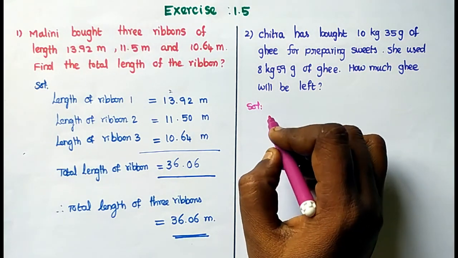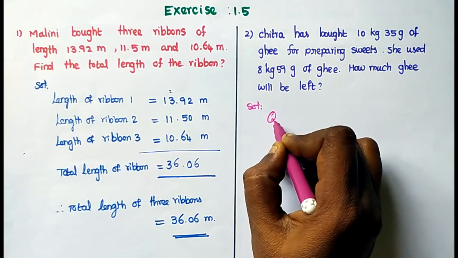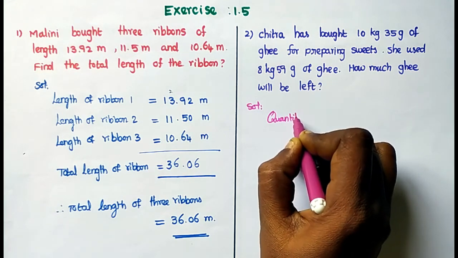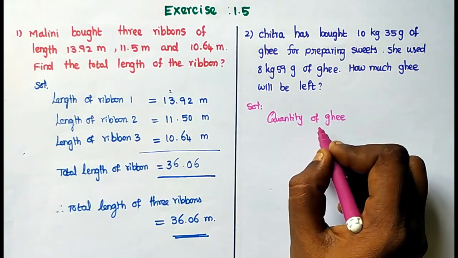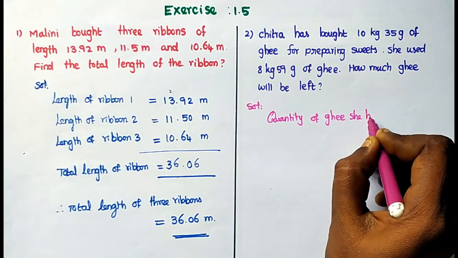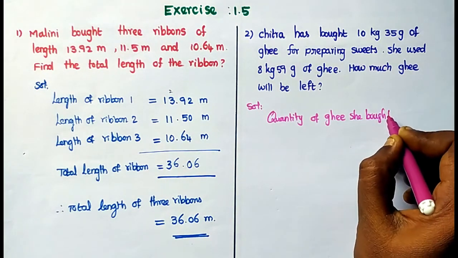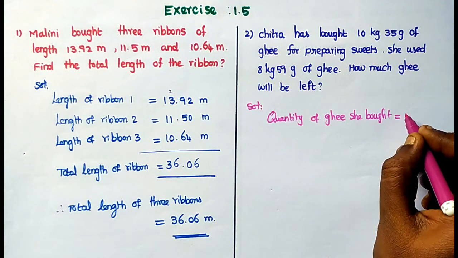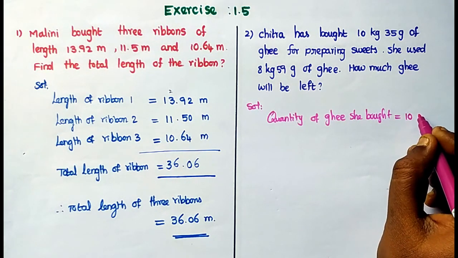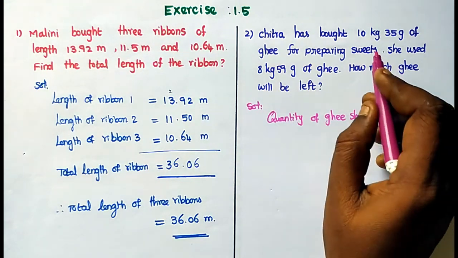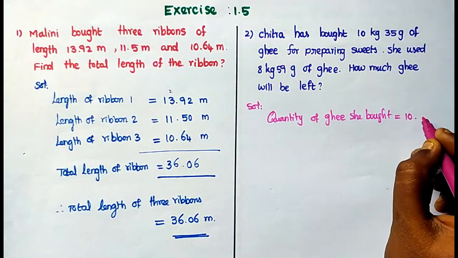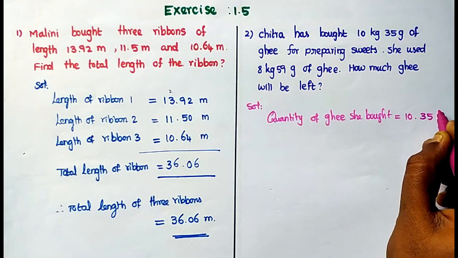So quantity of ghee she bought, 10 kg 35 g, that is 10.35 kilogram.